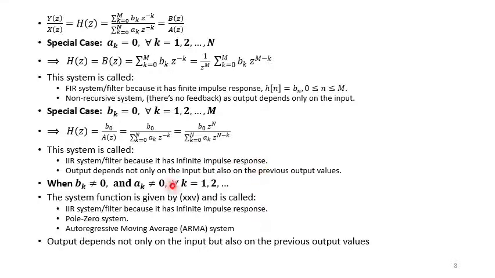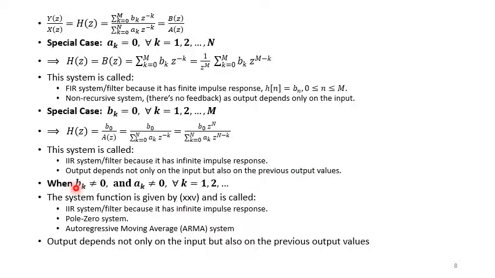The output depends not only on the input, but also on the previous values of the output. We talked about the IIR system when we were doing the discrete time Fourier transform.